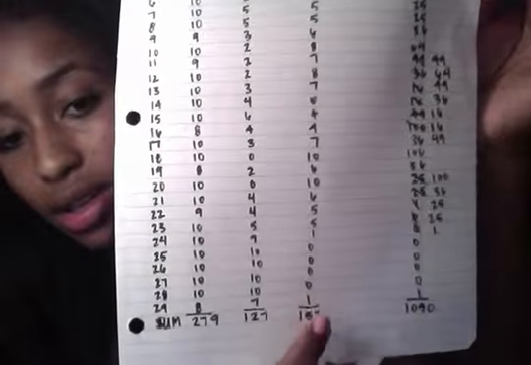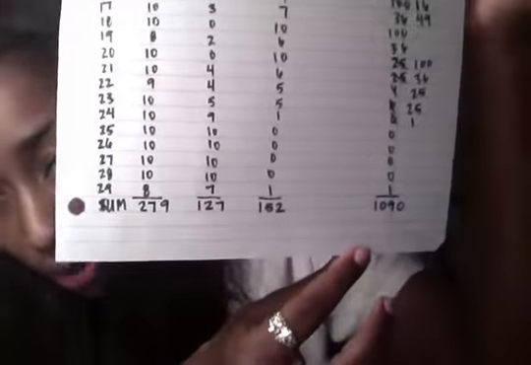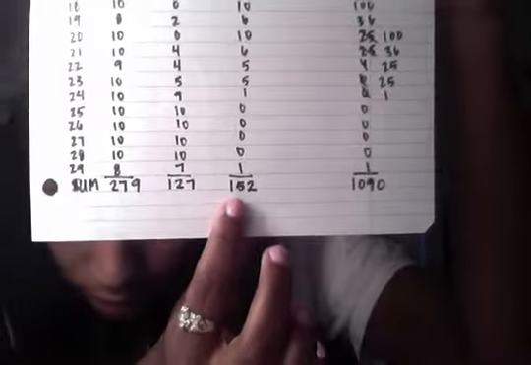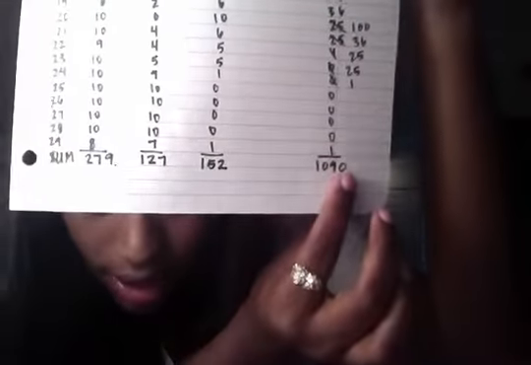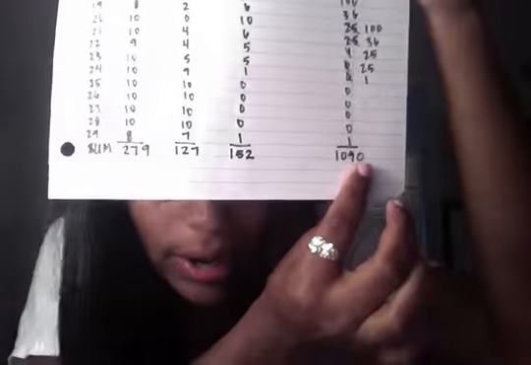And this is the sum of the difference squared. So we got 152 for the sum of difference, and then 1090 for the sum of difference squared.